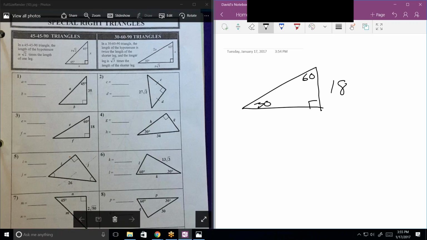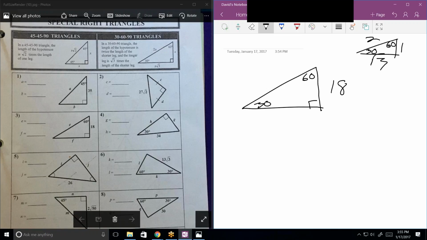So what multiple of this triangle is the one that I've drawn? How much bigger is it than my unit one? In other words, here's my unit one, which is 1, square root of 3, 2.